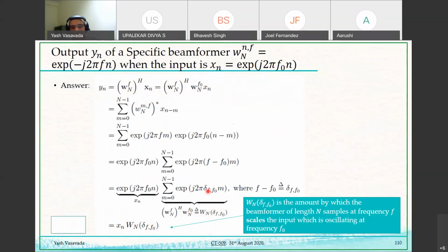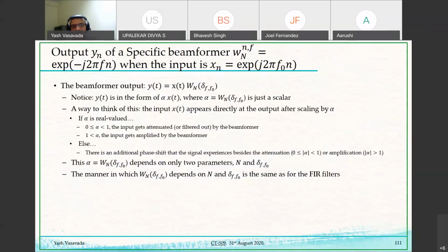It's a function of the separation f minus f naught. But again, this separation now is in terms of the angles, because f and f naught are actually sine of the angles now. So the answer is similar to before.